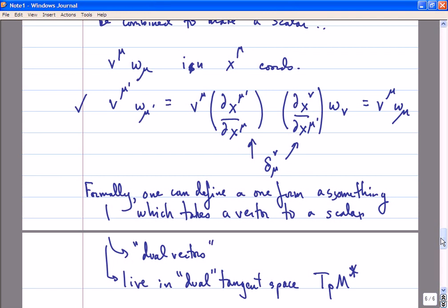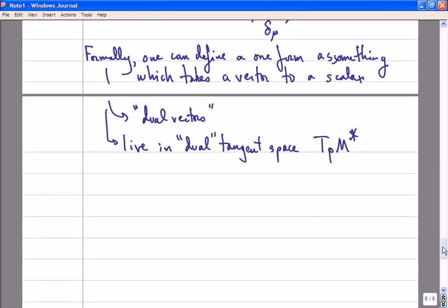Now, when you studied linear algebra and vector calculus, you've already met one-forms. You already met covariant vectors.